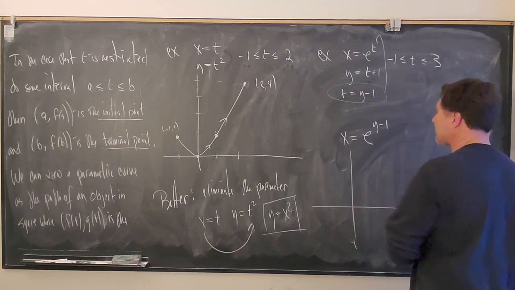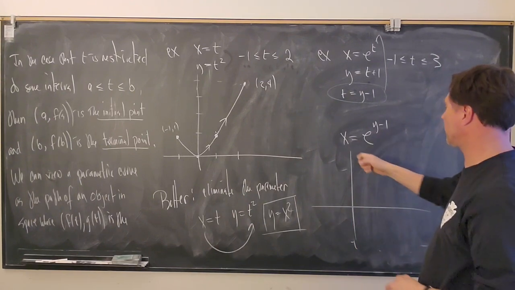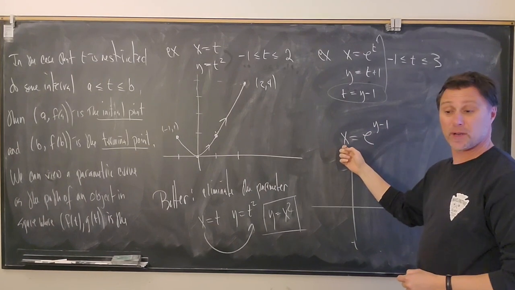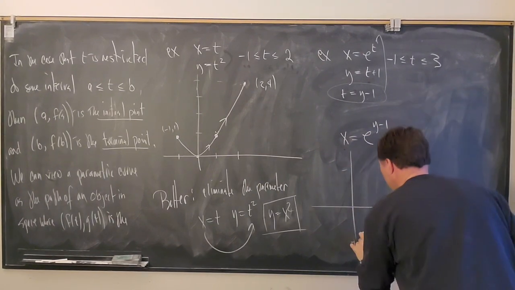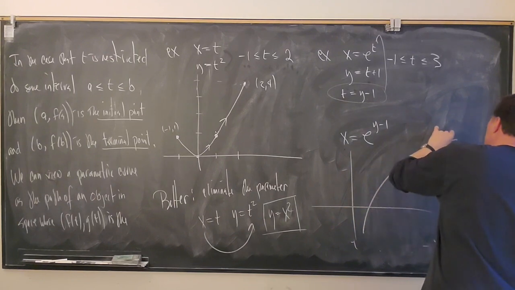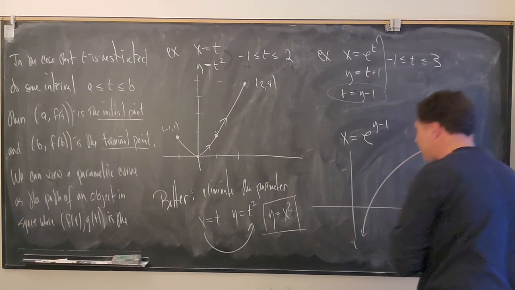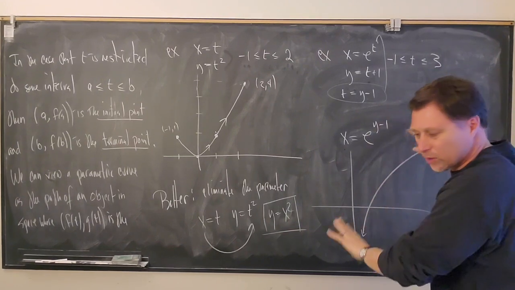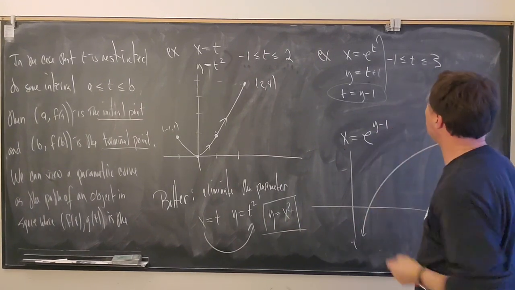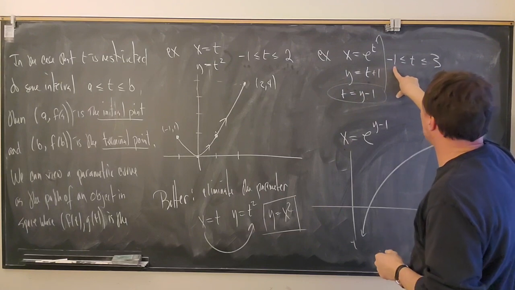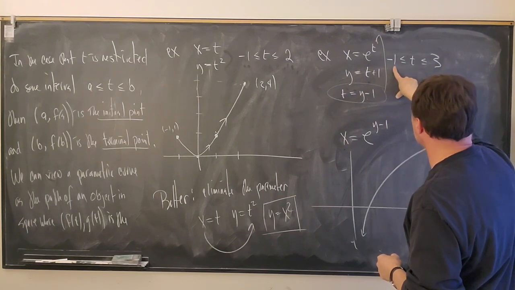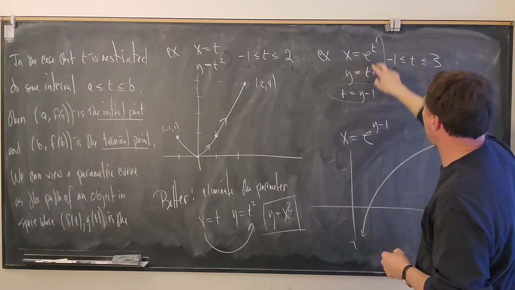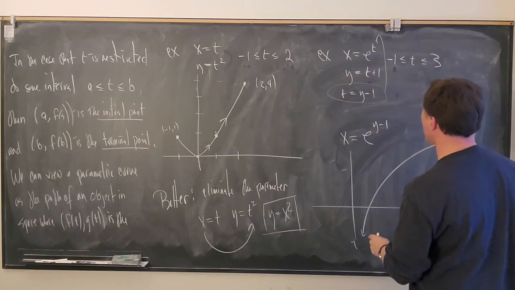And so that's an exponential graph, although it's got independent variable y and dependent variable x. And so the graph is going to be a portion of the exponential curve. And so let's figure out where it occupies and then get rid of the rest of it. So let's see, when t equals -1, x is 1 over e and y is 0.